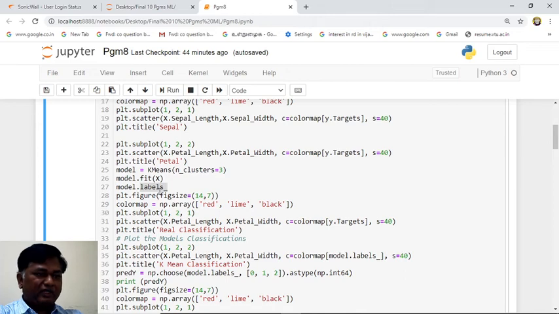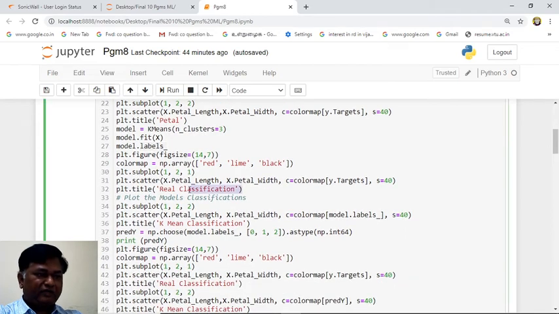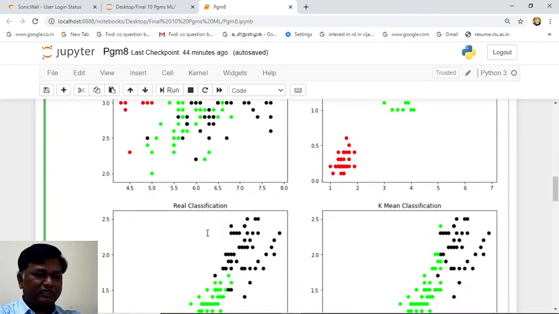So again, after classification, one real classification, that is the actual data set without classification, and one with k-means classification, we have done. So this graph is drawn. You see, same graph size we are taking, subplot 1 for real classification based on petals. Now we are not taking sepals, only based on petal we will draw one real classification and k-means classification. So that is the second set of graphs.